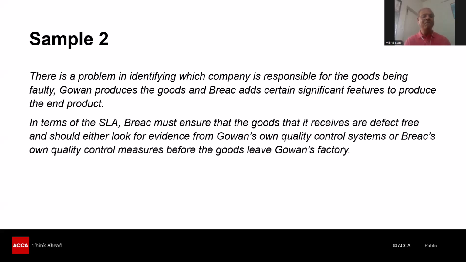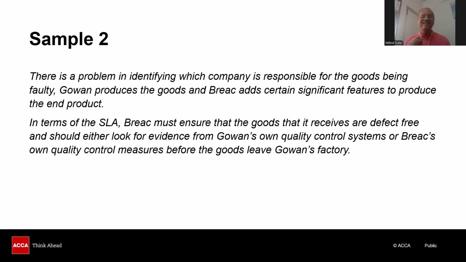Second para, in terms of SLA, the company who is trying to make the SLA must ensure that the goods that it receives are defect-free, and should either look for evidence from the other company's own quality control system or the company's own quality control measures before the goods leave the supplier's factory.